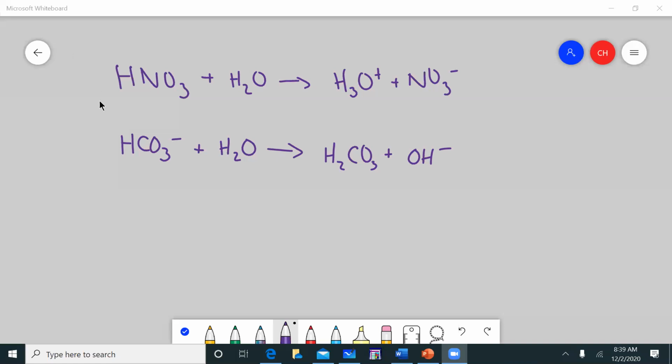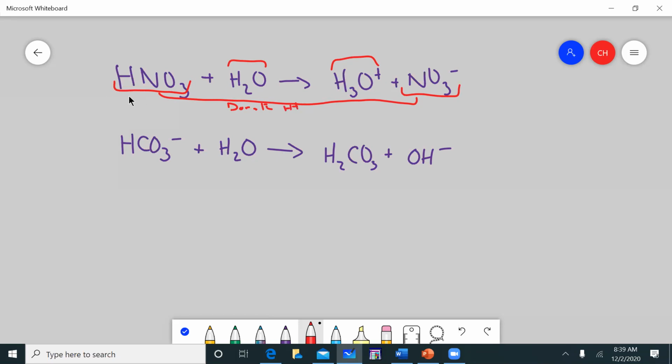Okay, so in both of these, the way that I go about it is I pair them off. So this guy looks a lot like this guy, and then this guy looks like this guy. So how do I get from here to here? I have to donate an H plus. So if I'm donating, that means that this is an acid.